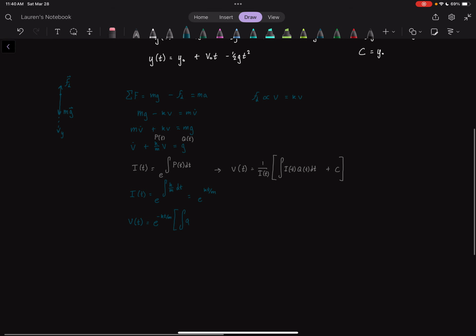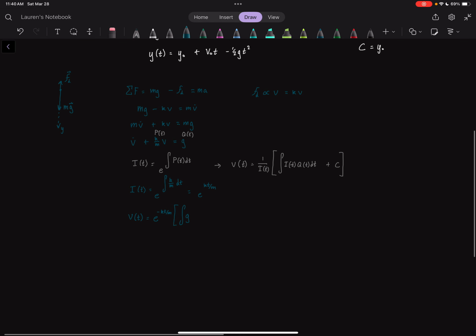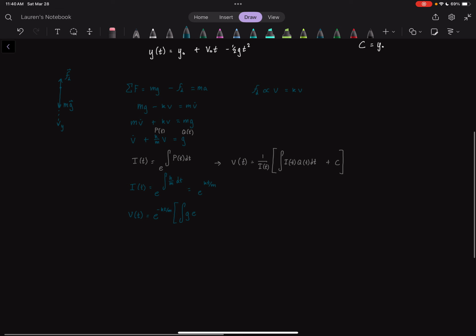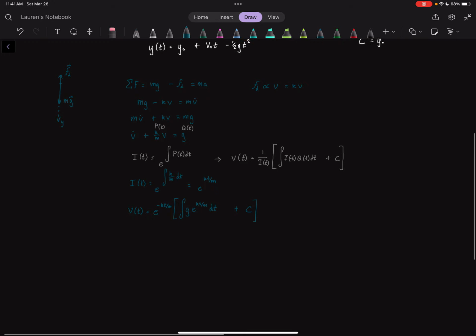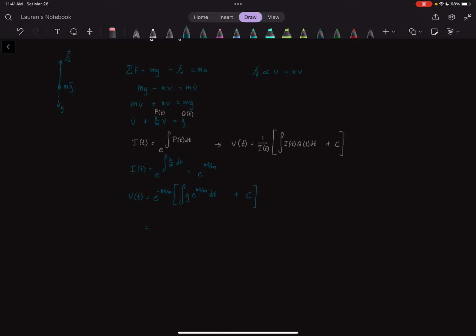Q of t is just g, that's a constant, so we can put that in front. And then you have I of t, which is e to the kt over m, and you're integrating with respect to time, and we have a plus c constant here. So this is equal to, writing this out front again, e to the minus kt over m, and we have mg on the top over k on the bottom, and you're still left with this e to the kt over m, and then plus c.